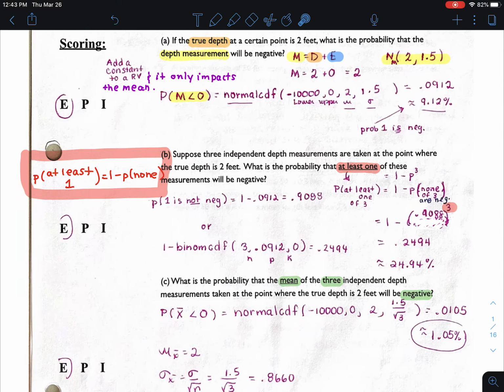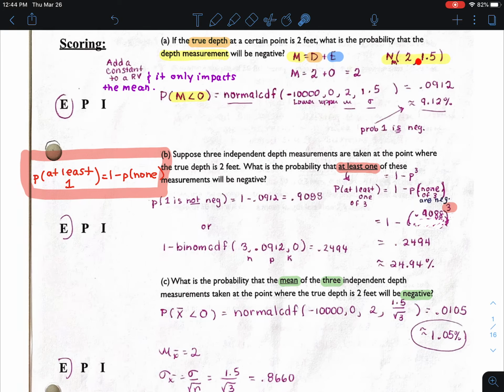Now on the formula sheet, you're going to see there's this formula for the standard deviation of the sampling distribution for X bars, and that is taking the population standard deviation, that 1.5, and dividing it by the square root of n. And in this case, the n is the 3 samples, the 3 different depth measurements you're taking.